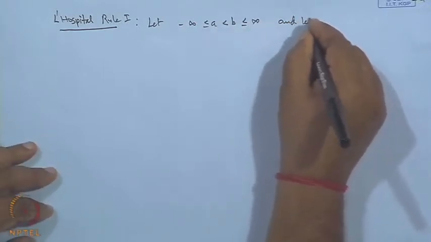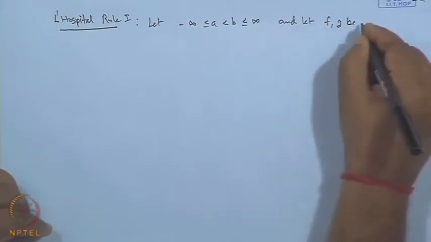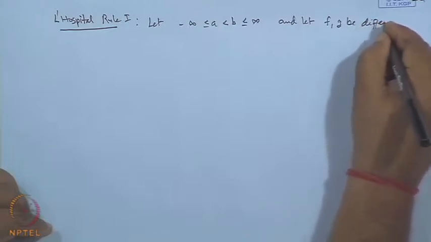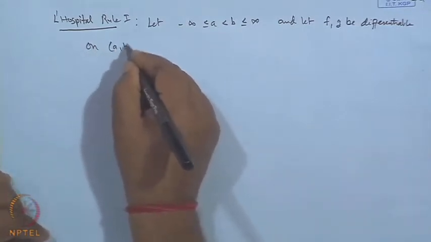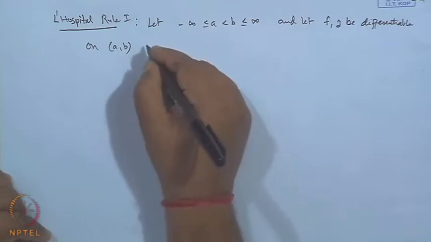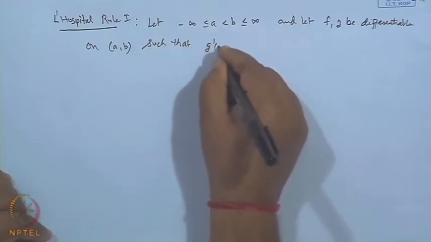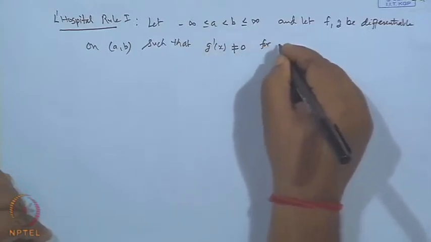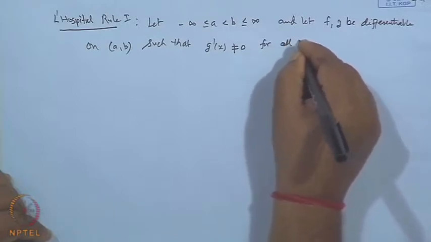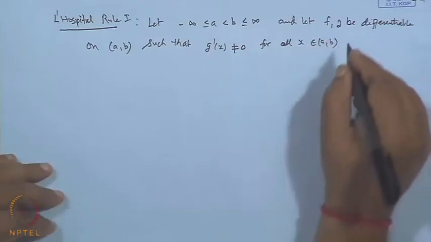Let f and g be differentiable on the open interval (a, b), such that the derivative of g does not vanish anywhere inside this interval (a, b), that is, g'(x) is non-zero for all x belonging to (a, b).